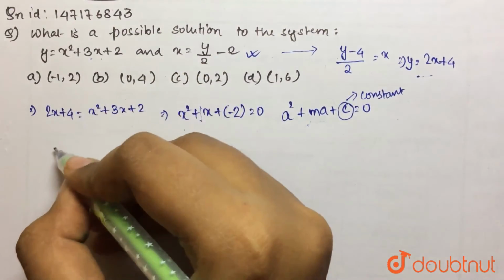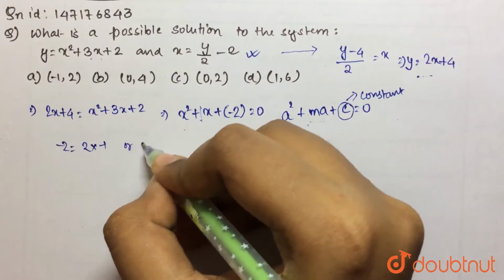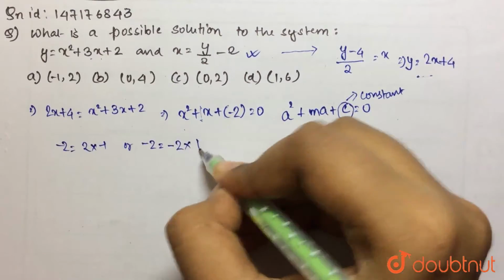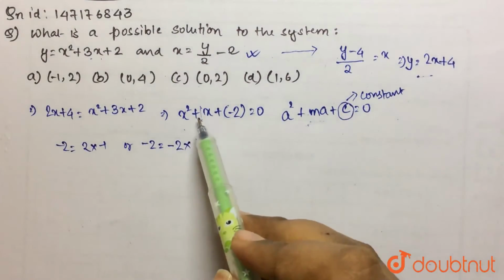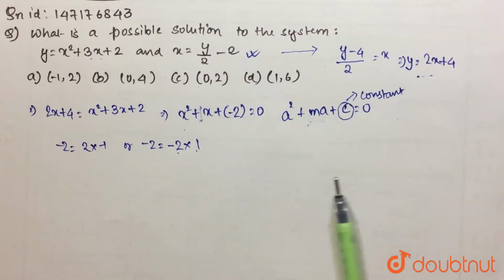So this gives us, minus 2 can either be written as 2 into minus 1, or minus 2 can be written as minus 2 into 1. Now you see, this is a positive value. So adding up which of these two multiples will give us a positive 1 value.